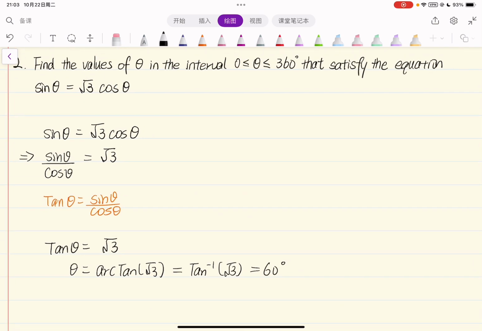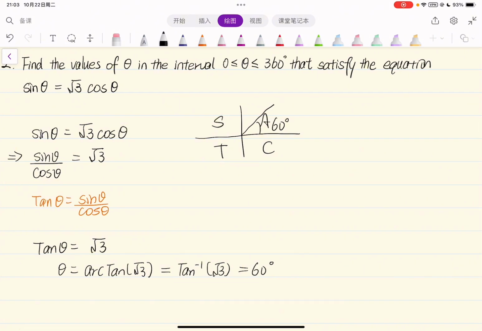Now we can check whether there are more values of theta for which tangent theta equals square root of 3. We can use a CAST diagram. We know that theta equals 60 degrees. And we found that the value of tangent theta, square root of 3, is positive.